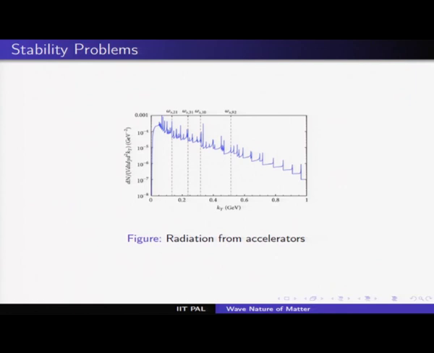So I want you to look at this picture. What we have on the left hand side is the energy in GeV of a proton in an accelerator. Let me describe to you what that accelerator is. It is called a synchrotron. Let me draw a picture of a synchrotron.